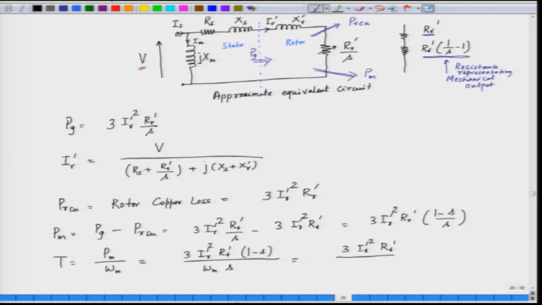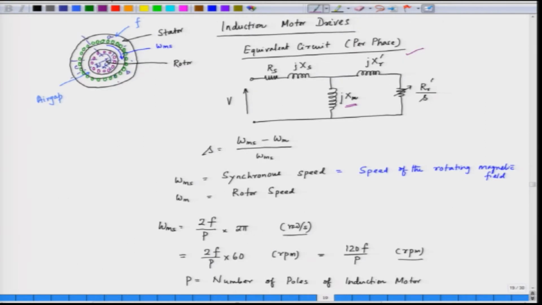We can replace this quantity by the synchronous speed. As we know before, the slip has this relationship, and from this we can say that omega m is equal to (1 minus s) into omega m s.